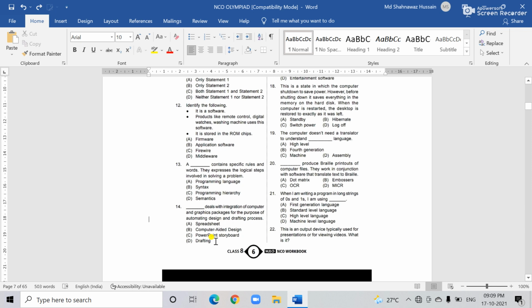Which is the appropriate option? The first one is spreadsheet, second is computer aided design, next is PowerPoint, and the last one is drafting. So the strong and appropriate option is number B. Number B is the correct answer, because computer aided design is one of the most important software to integrate the computer and the graphics package for the purpose of automatic design and the drafting process.